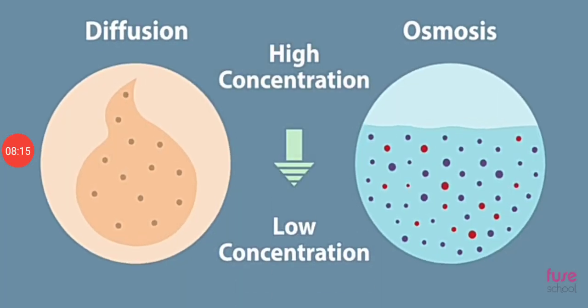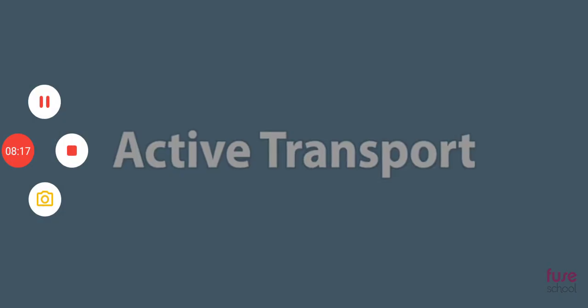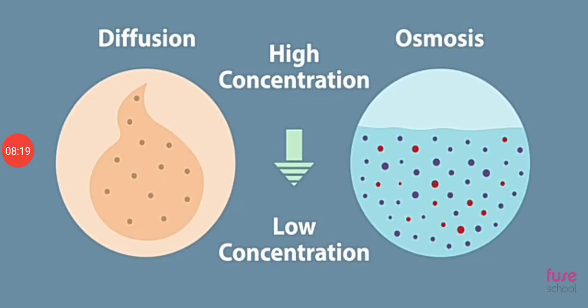We have discussed that in diffusion and osmosis, the movement of particles occurs from higher concentration to lower concentration. But in active transport, this will be opposite. That means the movement will be from lower concentration to higher concentration.